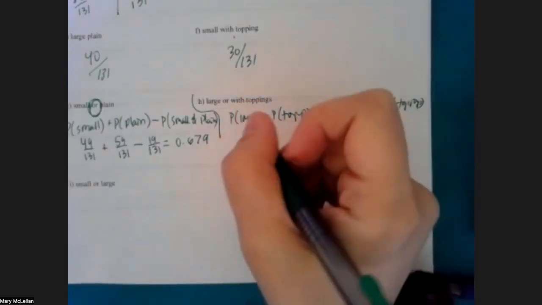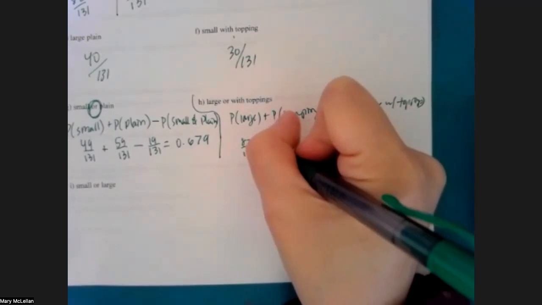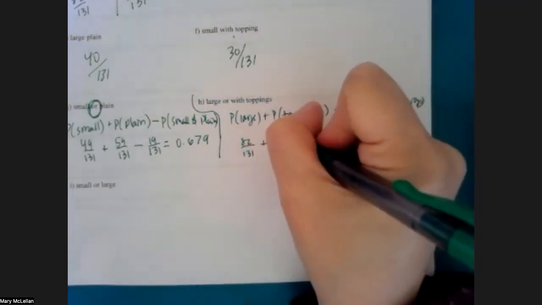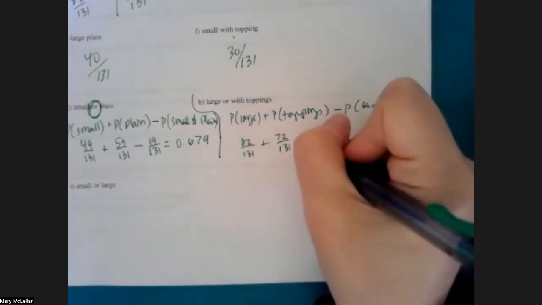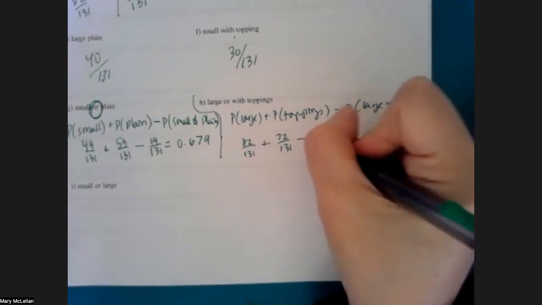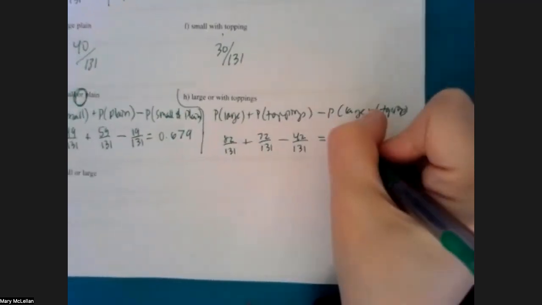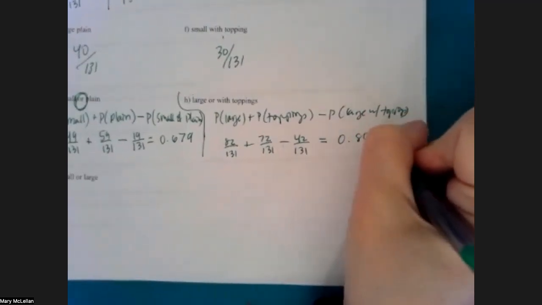And the probability of large was 82 over 131. The probability of toppings was 72 over 131. And the probability of large and with toppings was 42 over 131. And if you put all that in your calculator, you should get 0.855.